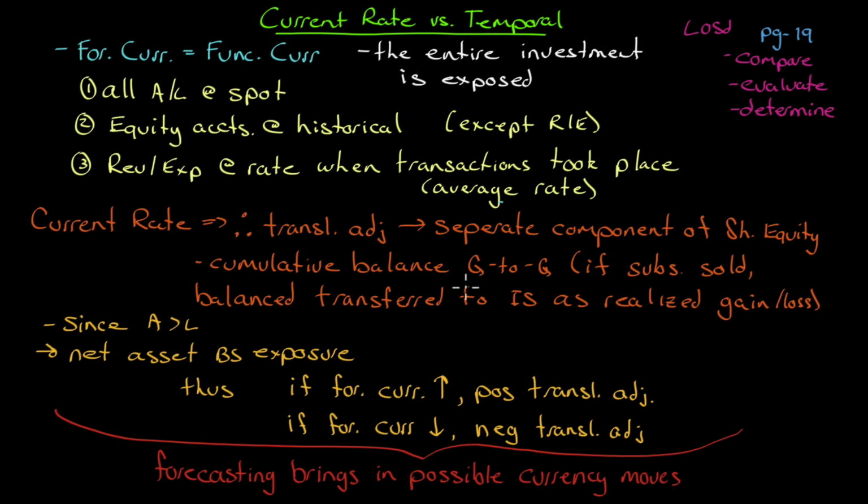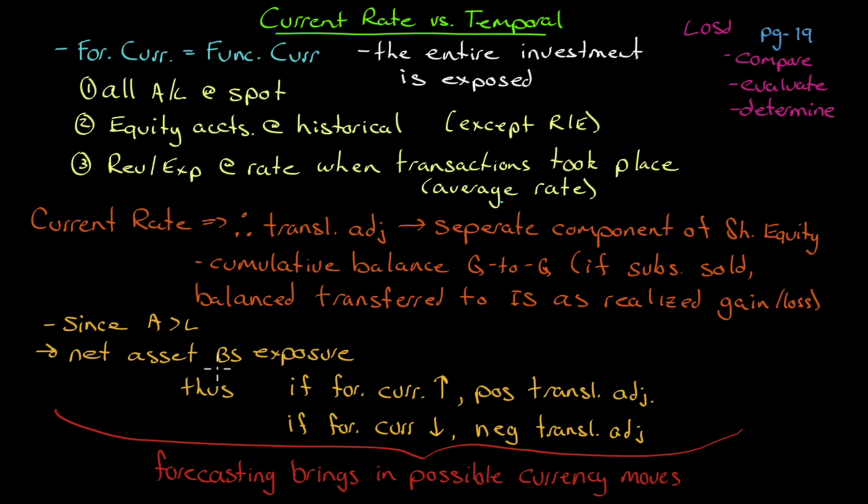The translation adjustment component is a cumulative balance quarter to quarter. If the subsidiary is sold, the balance in the translation adjustment account is transferred to the income statement as a realized gain or loss. Again, consistent with everything we have. Under the current rate method, since assets typically are greater than liabilities, we have net asset balance sheet exposure.